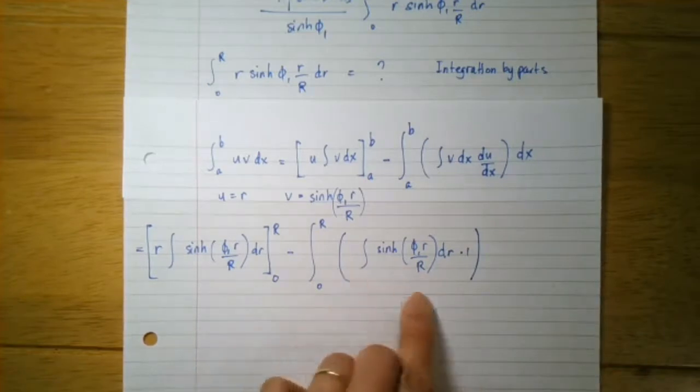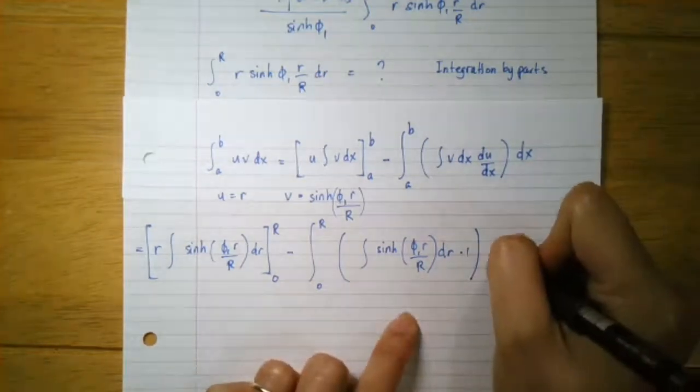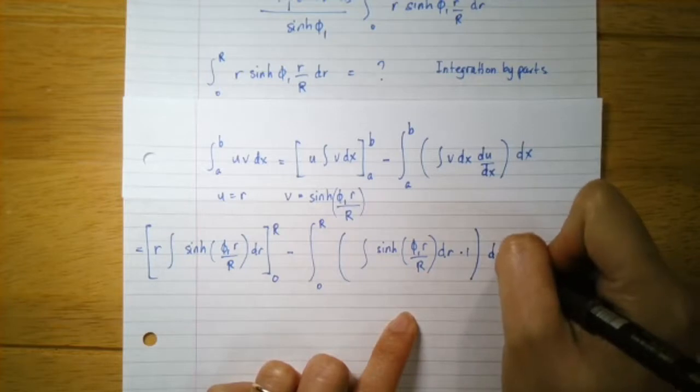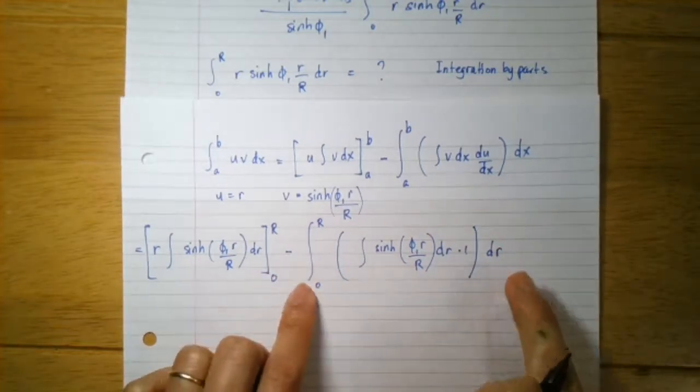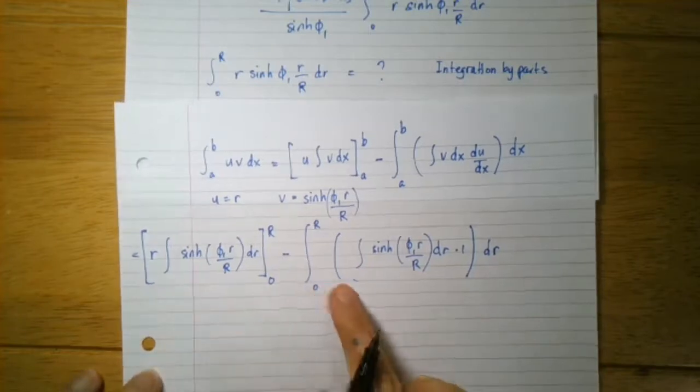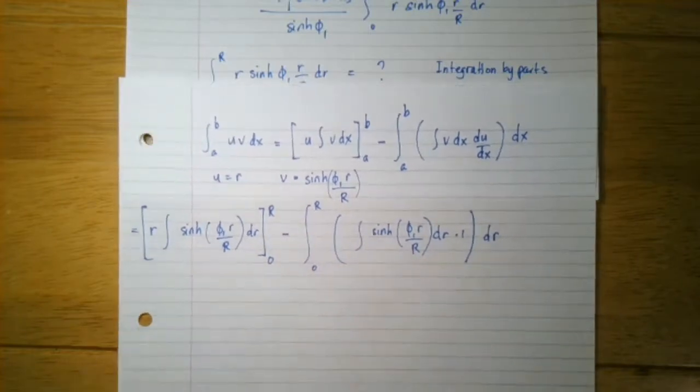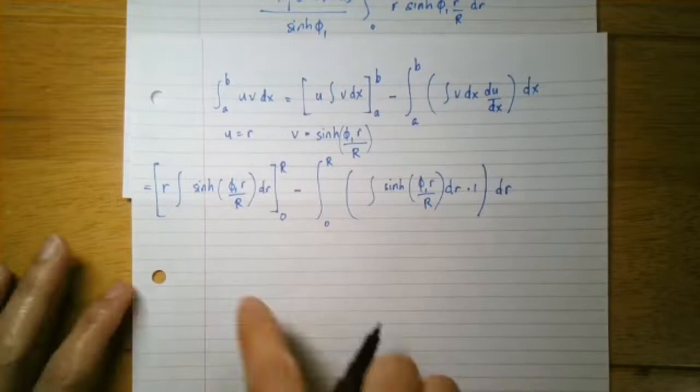Once we have evaluated the inner integral, we have to take another integral, so for the outer integral, dr. It's the whole expression here, dr. Okay, so let's evaluate this.